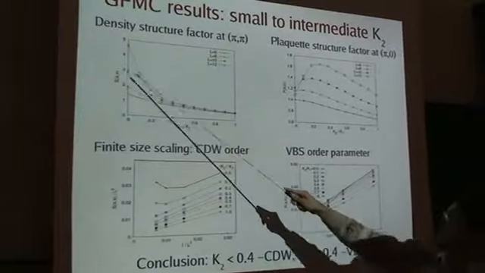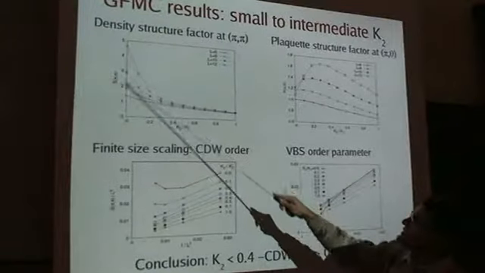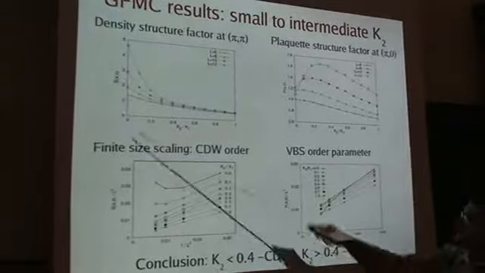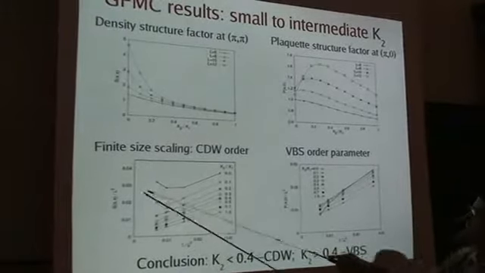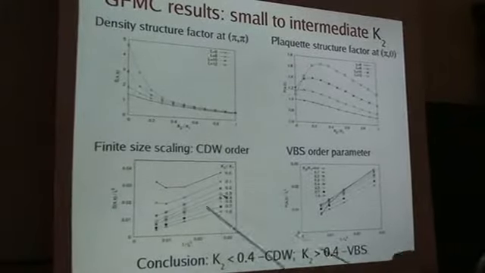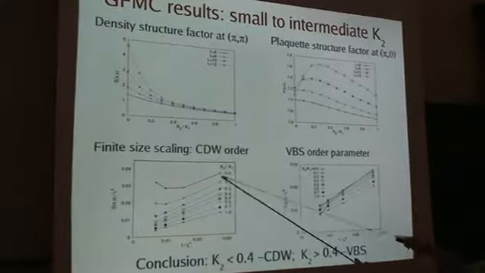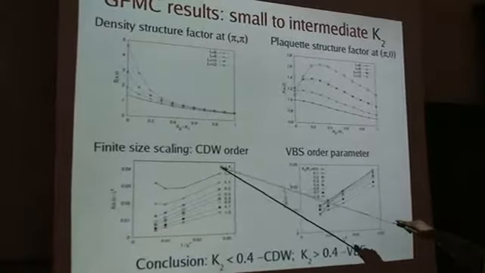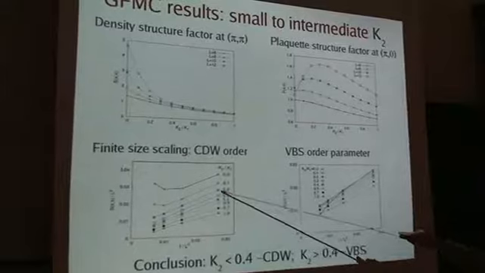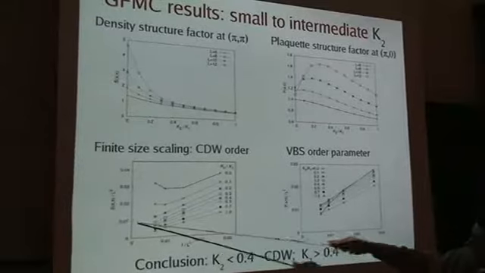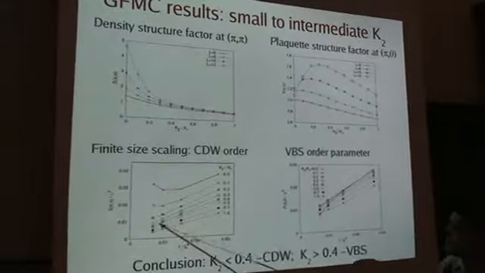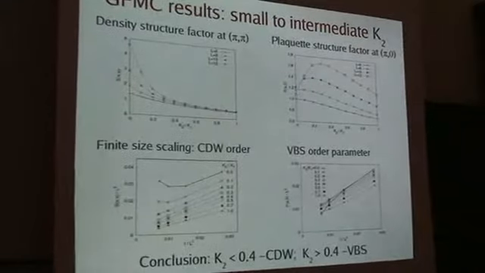If we divide by volume, this quantity is like the square of the CDW order parameter, and we see that there is a non-zero CDW order parameter for K2 up to about 0.2, 0.3, and then for larger K2 the CDW order parameter vanishes.